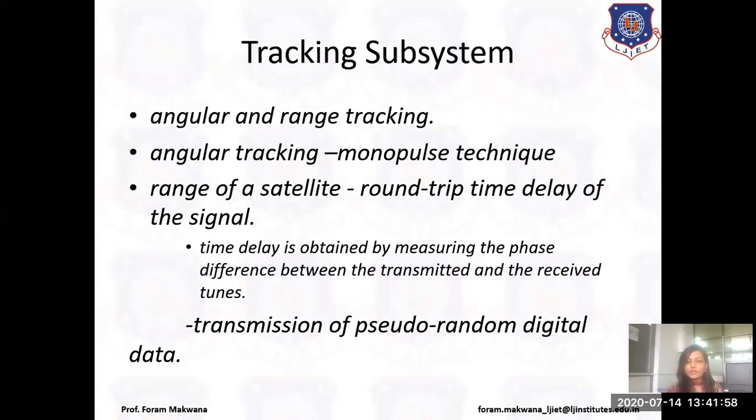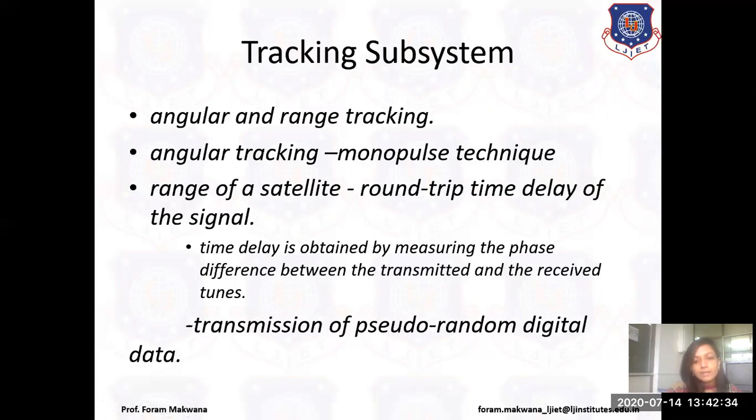Now, what do you mean by tracking system? Tracking system means we are going to track the satellite in two ways. First one is in terms of angle and second one is in terms of range. Range is measured in kilometers. The angular tracking is done with the help of a technique called the monopulse technique, and the range of the satellite is measured by the round trip time delay of the signal.